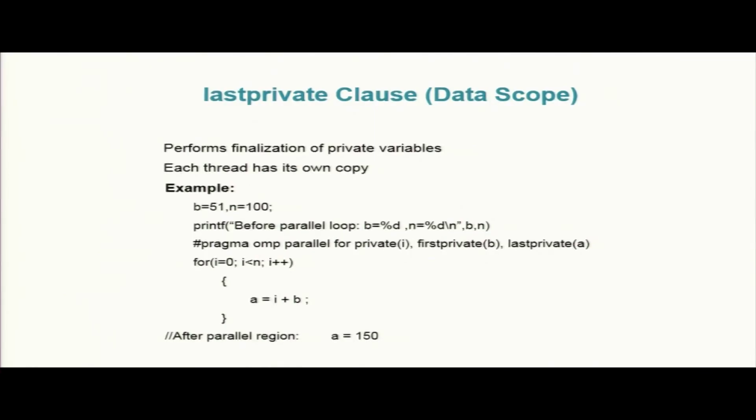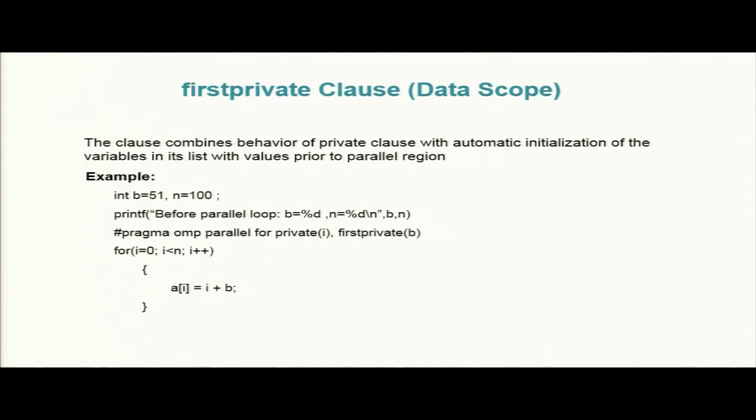I did understand lastprivate, but can you elaborate on firstprivate? Okay. Firstprivate is like, let's say I have two different parallel regions. One parallel region is generating some partial output, and that value we would like to get in the next parallel region.